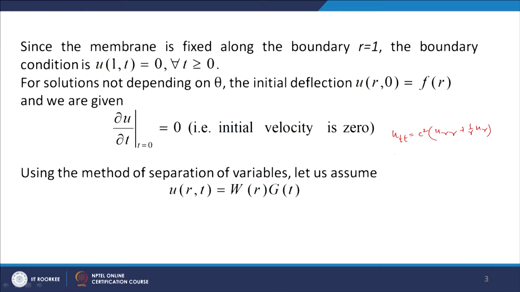Now when you find the partial derivative of u with respect to r, what you get is dW by dr into G, and when you find the second order derivative you get d square W over dr square into G. When you find the partial derivative with respect to t, that is u_t, what you get is W into dG by dt, and u_tt then will become W into d square G by dt square.